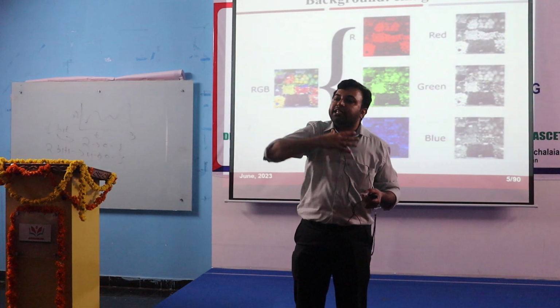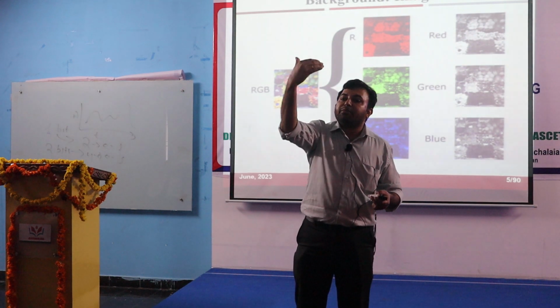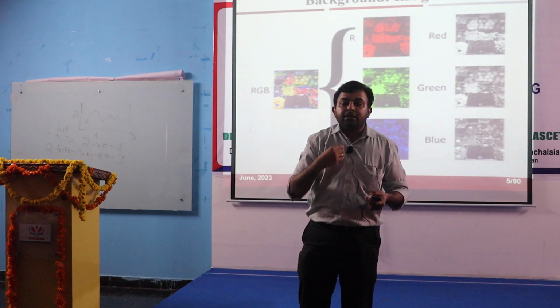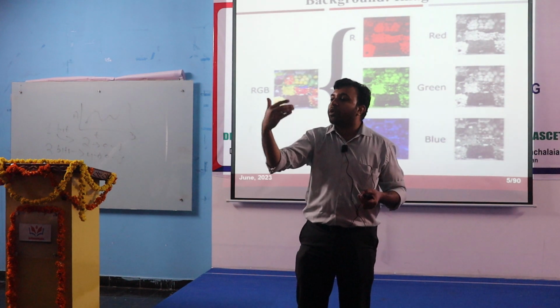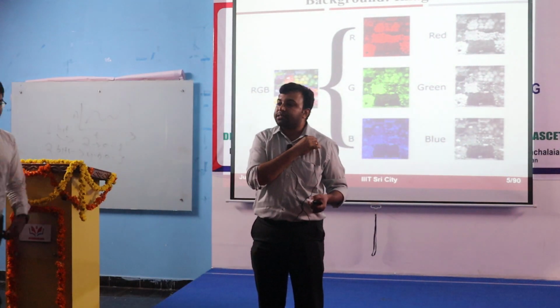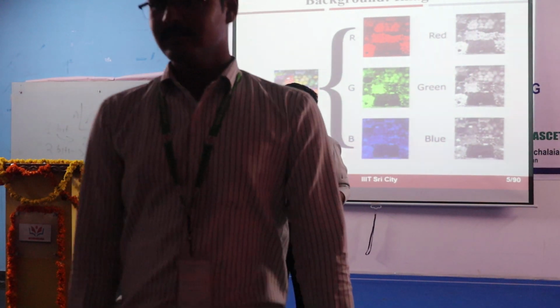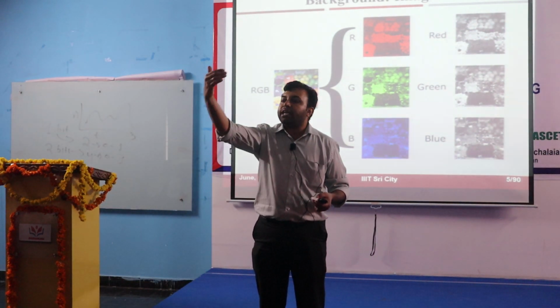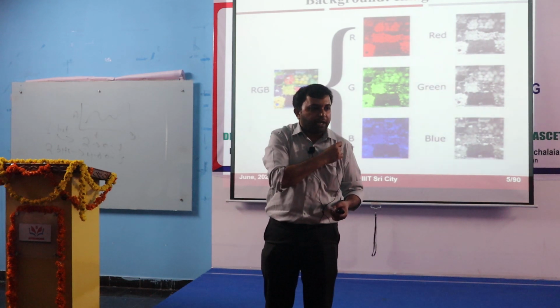That source of energy is hitting me and then coming back to your eyes. So the waves reflected by me are getting onto your eyes. That is how you are able to see me. Why is this shirt appearing in this color? Because this color is being reflected by the material of this shirt. That is why you are able to see this shirt in this color.